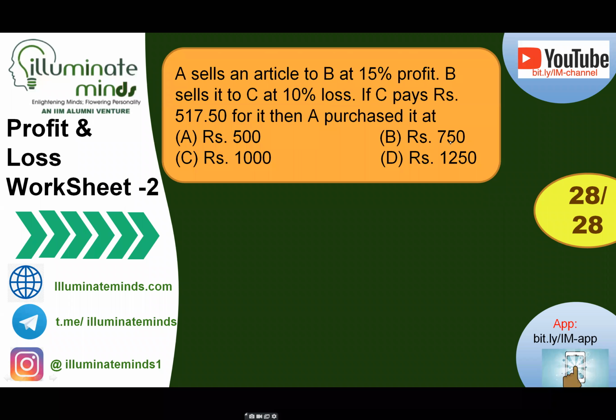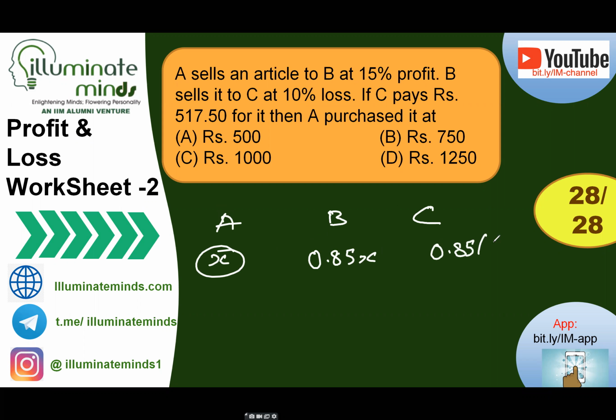Question number 28. A sells an article to B at 15% profit. Okay. B sells it to C at 10% loss. So let's say A bought the article for price X. That means A's cost price is X, A's selling price and B's cost price will be 0.85x. B sells it to C, so B's selling price and C's cost price will be equal to 0.85 into 0.7x.